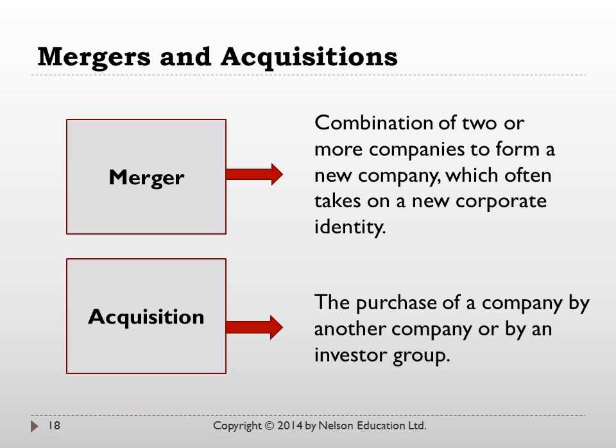However, sometimes we'll see a hostile takeover, where the company that's being taken over does not want to lose control. However, Company A, the acquirer, will go to the markets, purchase shares of Company B, and essentially gain control of it.